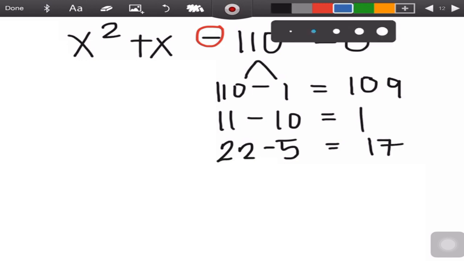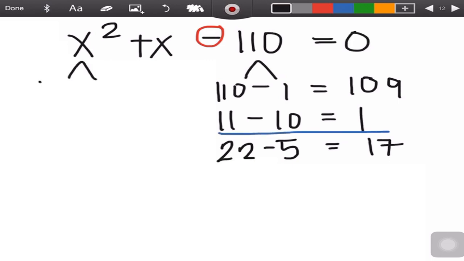And then we have to get the middle term. So since our middle term is x, it is understood that it has a numerical coefficient 1. In the pairs of factor, this will give us 1 as the middle term.